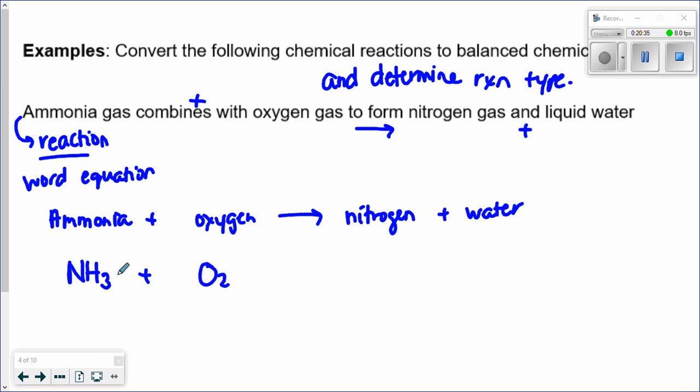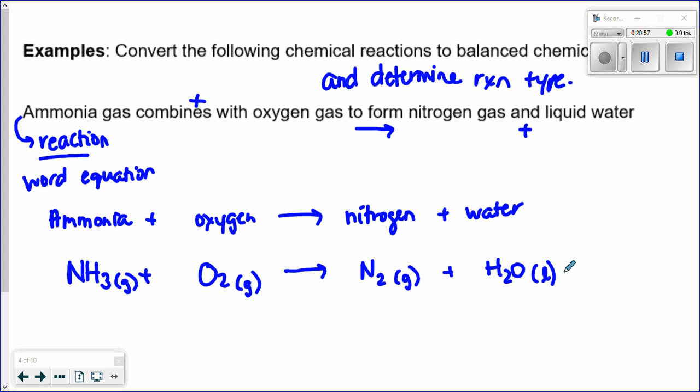We could be writing states for all of these, so gas, gas, to form nitrogen gas. Nitrogen is also found diatomically, something you need to remember. And water, liquid water, so H2O, liquid as our state.